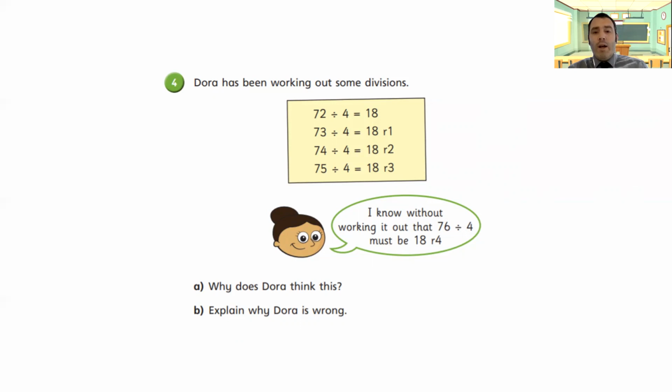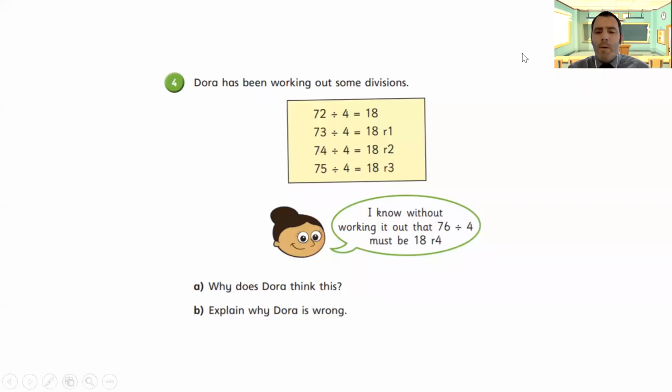I know that without working out, it must be that 76 divided by 4 is 18 remainder 4. Talk to your partner, whether it's your adult, your sibling, your cat, your dog, your fish, or your teddy. Why does Dora think this? And can you explain to your partner why Dora is wrong?